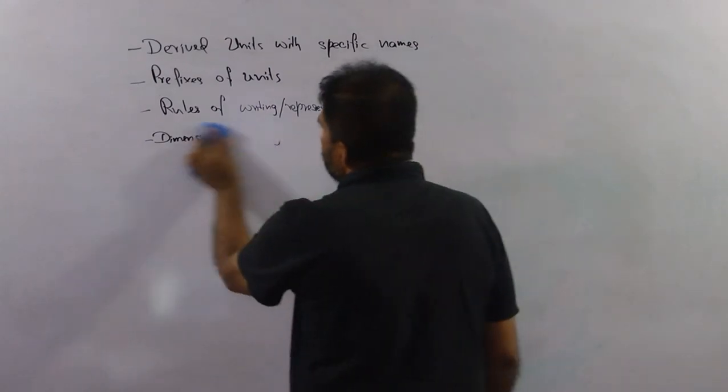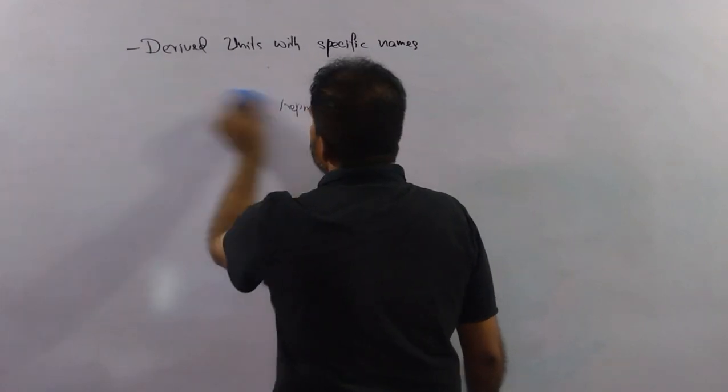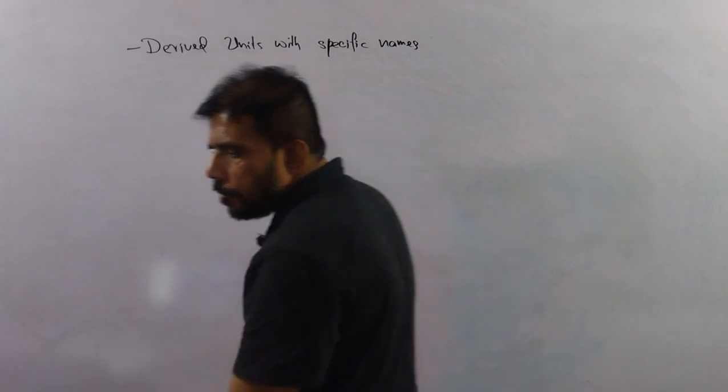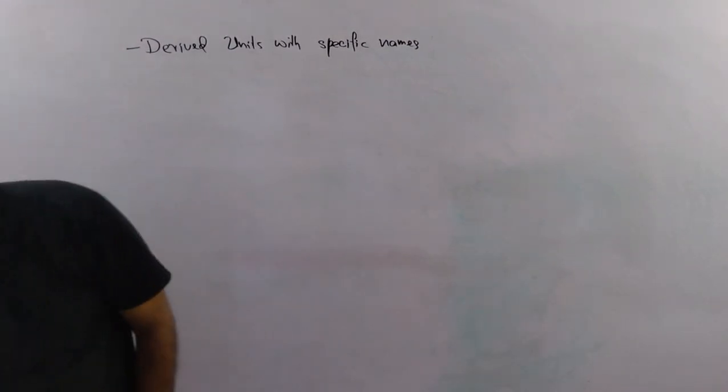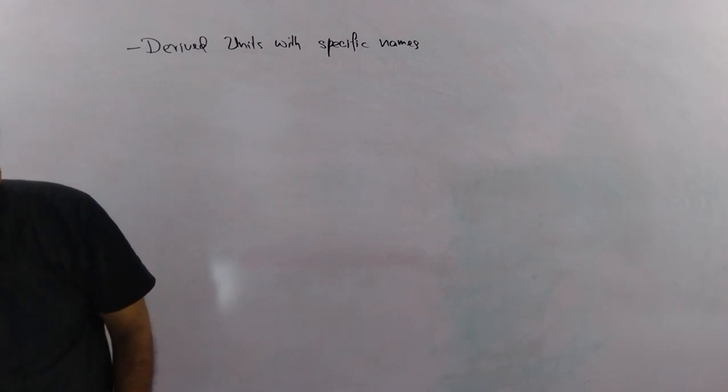Okay. Derived units with specific names means there are units with specific names. I'm not going to give you all of them, but a few for you to understand.